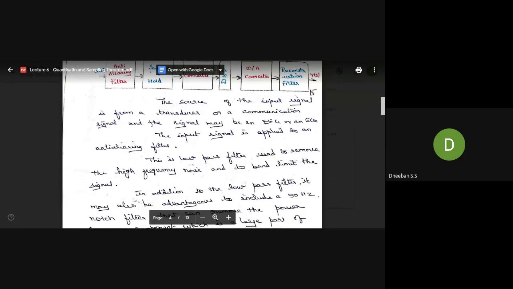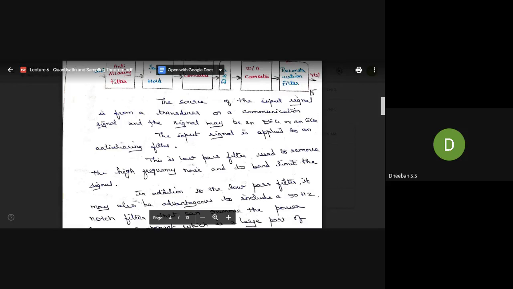Because there are many kinds of signals. Even if you take the example of power lines, there will be communication signals too. Sometimes there might be a possibility for electromagnetic interference to cause distortion in your power signal.